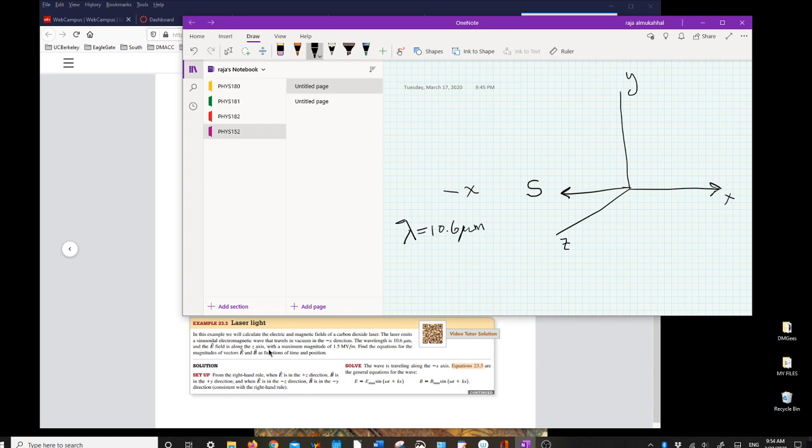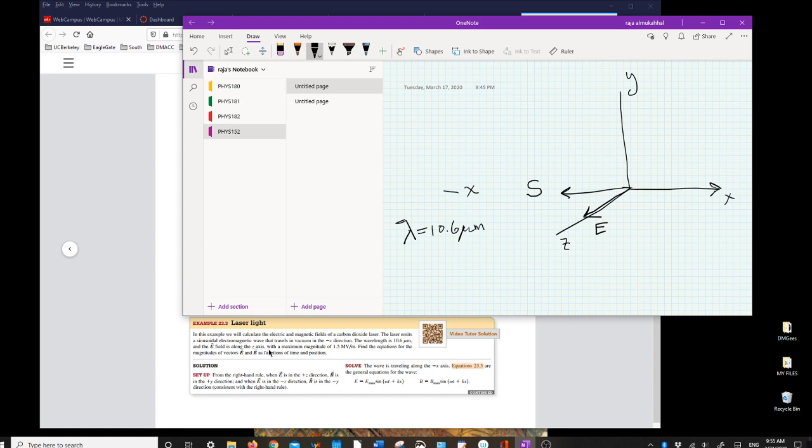So here's the E field. I don't want to use another color because I don't want to mess up my drawing, so I'll just leave it black for now. Hopefully I'll do better as the days go by.